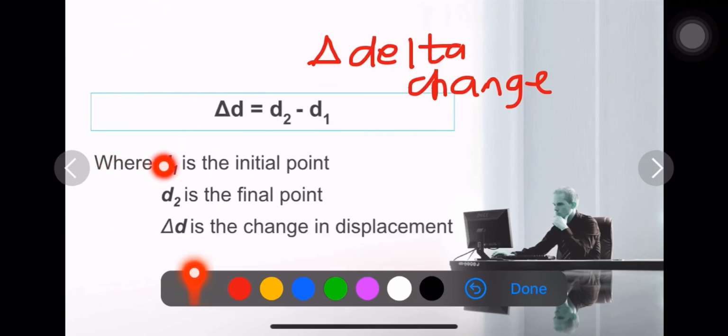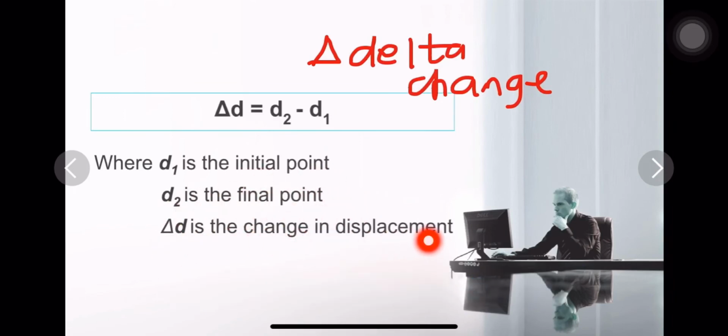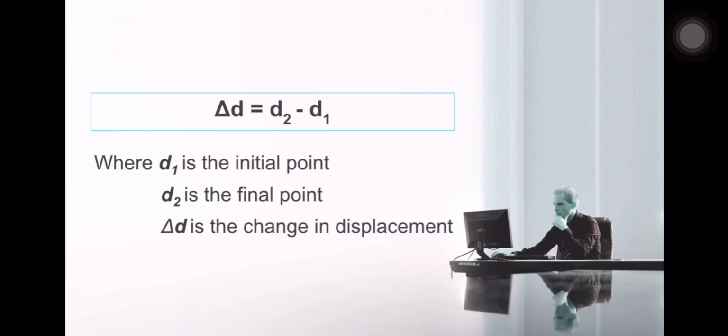D1 is the initial point, D2 is the final point, and delta D is the change in displacement. So we will just simply use the formula to get the displacement, right? It's easier to use the formula than manually counting the distances or the displacements.